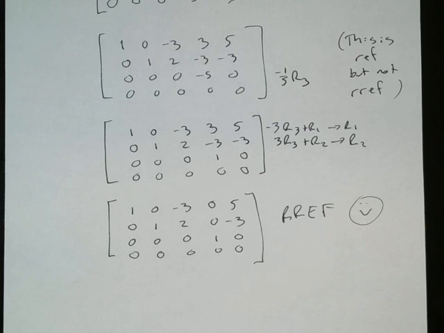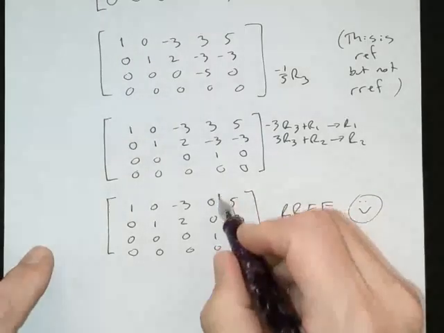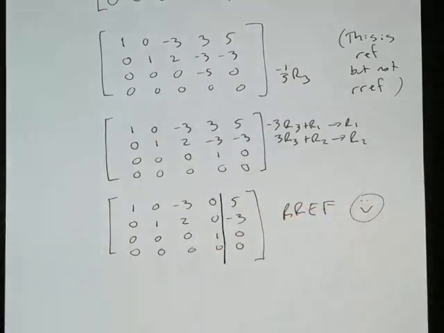So now I have three pivots, three pivot columns. Let's make an assumption, that there really should have been a set of equal signs here. This is a system of equations.